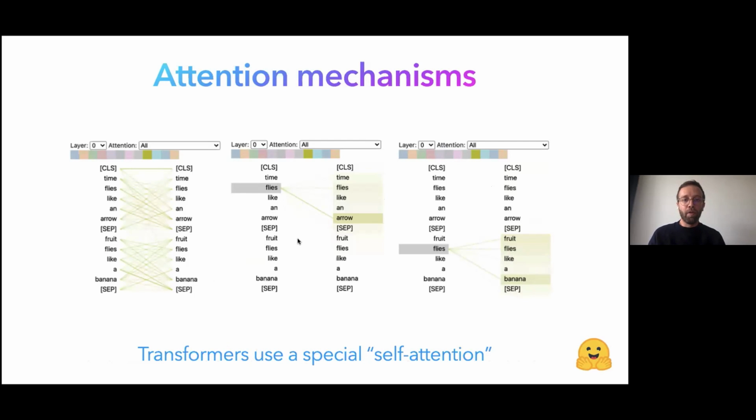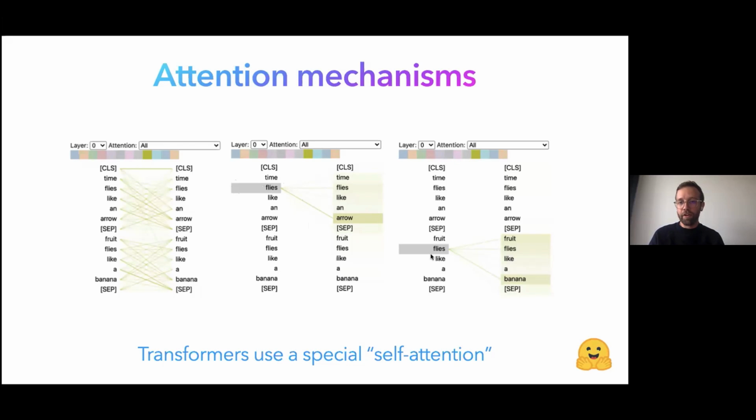In both cases, you can see which tokens the transformer pays attention to when processing that specific token. So when the transformer processes flies, it can look at all the other tokens in the input sequence. For example, it determines that to create a meaningful state for the word flies, it's important to look at the word arrow, because that influences the meaning of flies.